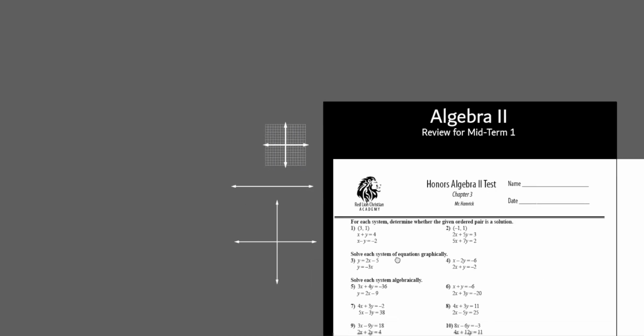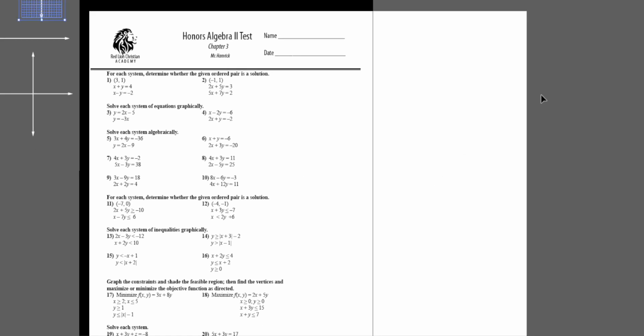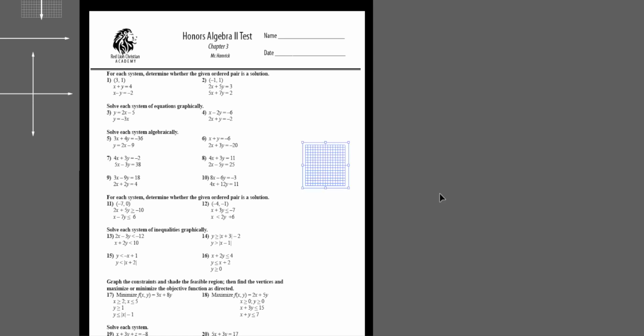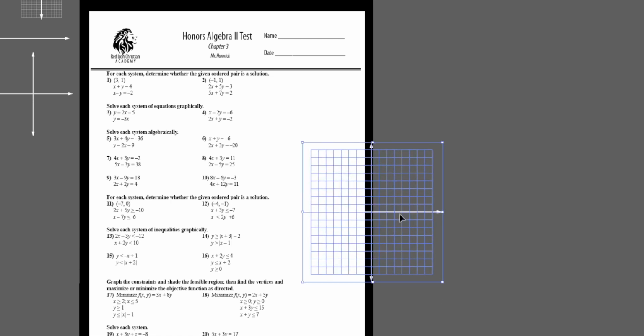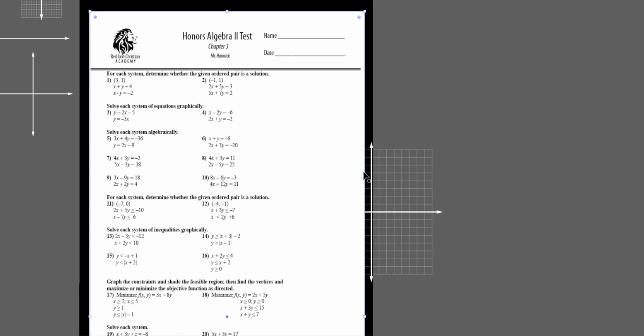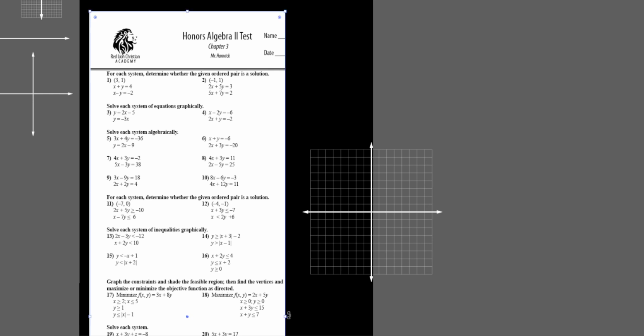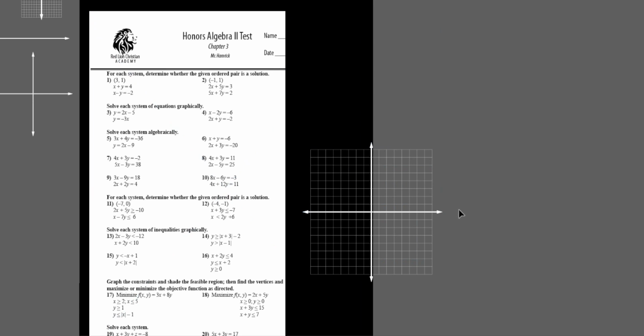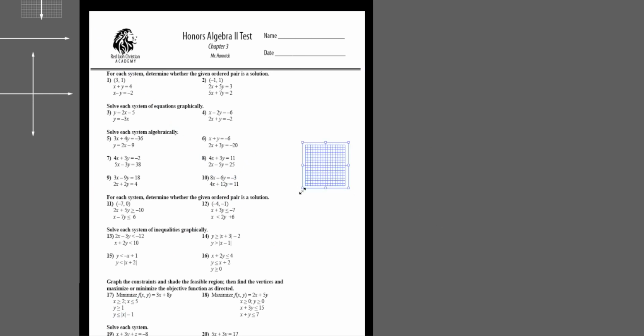Let me do this. Let me scooch that in a little bit just so I can fit my graph. All right, there we go. I gotta move this white over because it's a white graph. You're not going to be able to see it. Now it's too big. What in the world am I doing? Let's try this again.